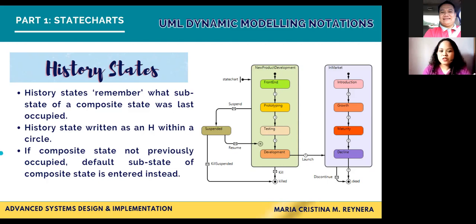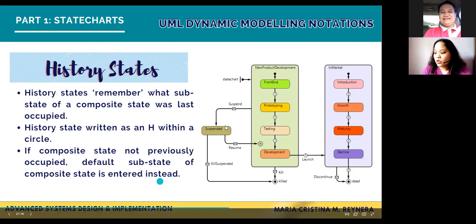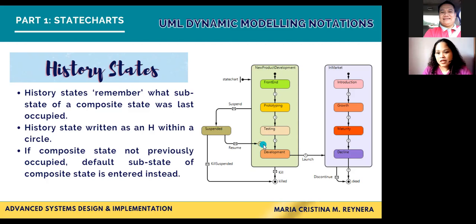If the product development is suspended, the state chart control is passed to the suspended state. When the company decides to resume, they can go back to testing, so it will run another cycle.